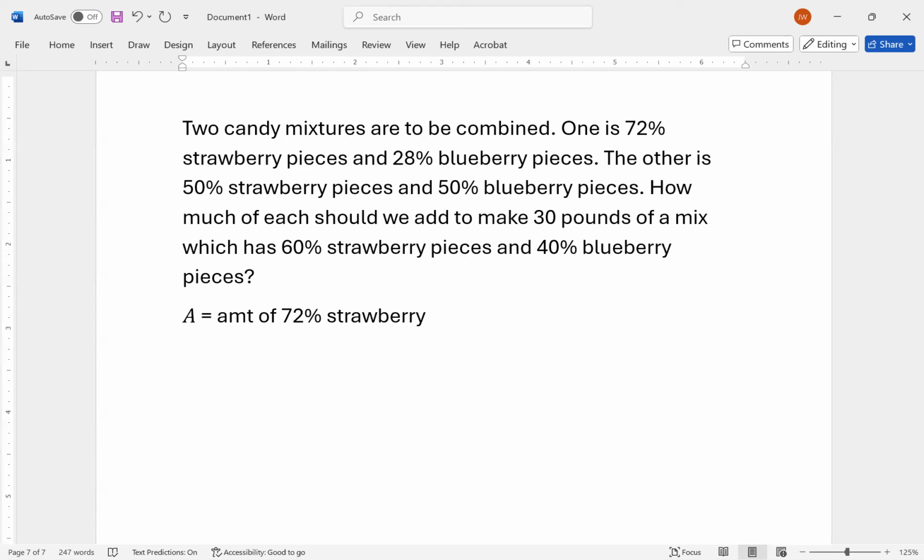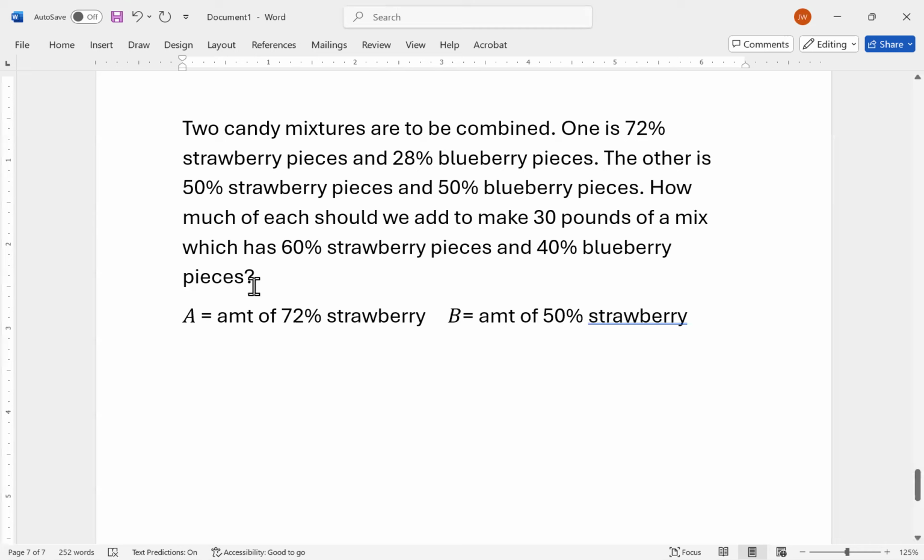And obviously by default, the 28% blueberry. And then we'll call mixture B the amount of the 50% strawberry. Once I do that, then I'm all set up. And obviously 50% strawberry by default has 50% blueberry pieces.